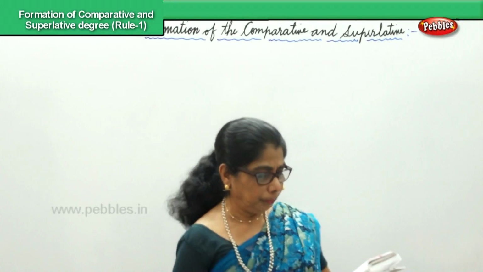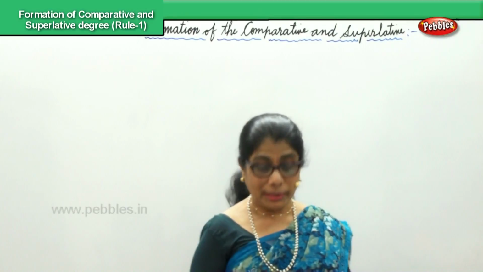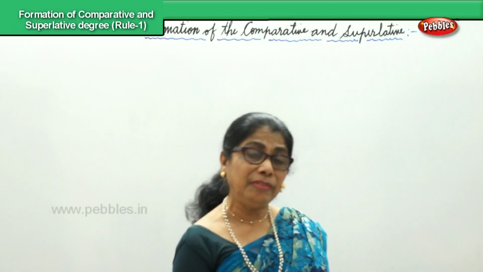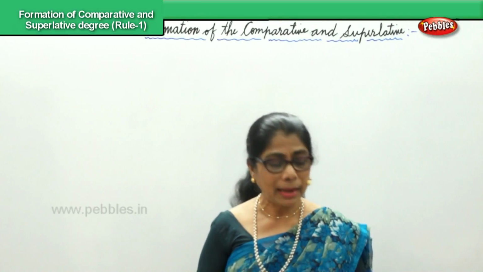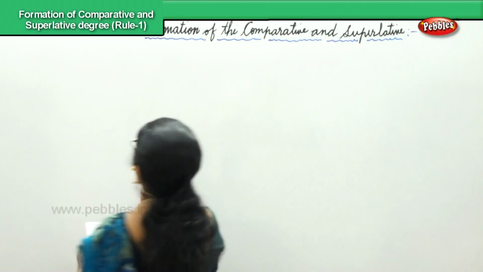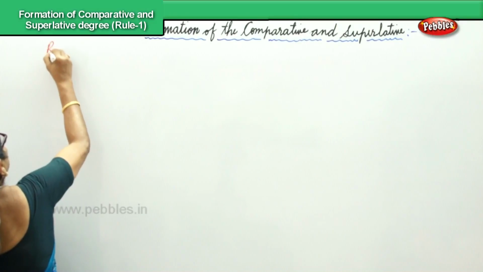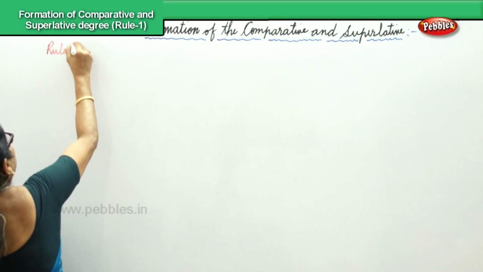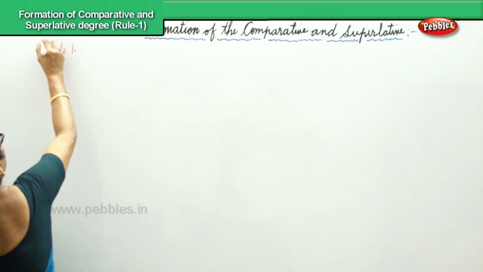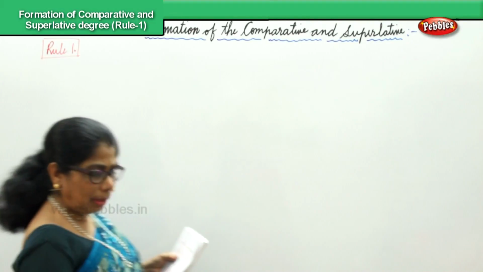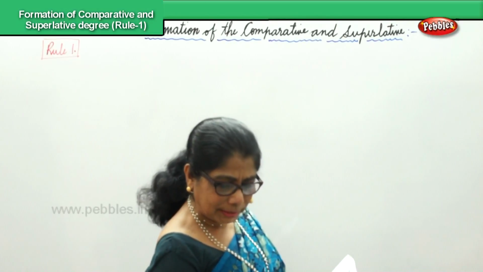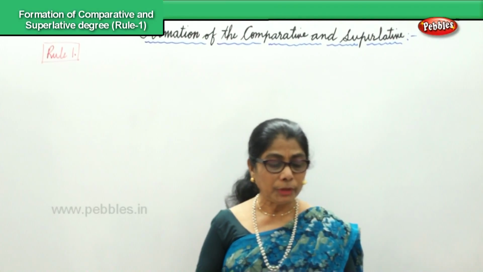Okay, now, rule number 1 that I told you, there are 5 rules we are going to follow in the formation of comparative and superlative. So let's look at rule number 1. What does the rule number 1 say?